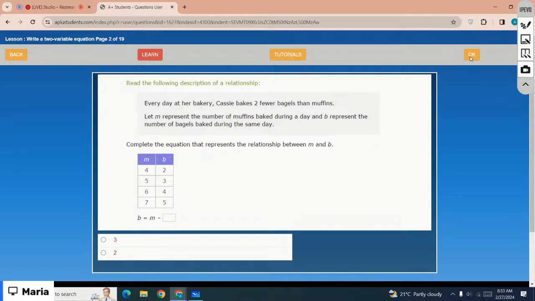Every day at her bakery, Cassie bakes two fewer bagels than muffins. Let M represent the number of muffins baked during a day, and B represent the number of bagels baked during the same day. So, which is the correct option?